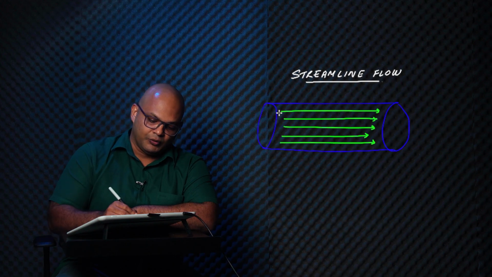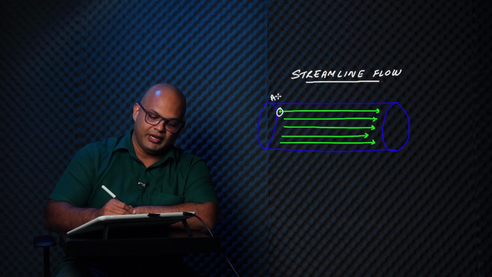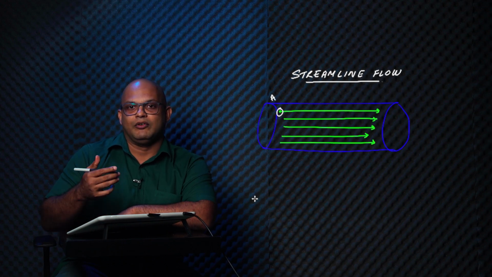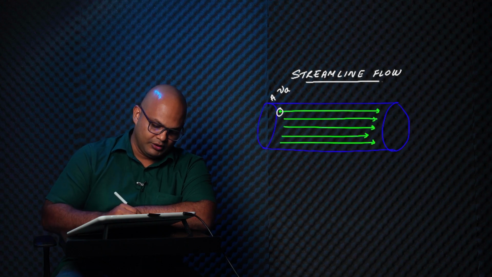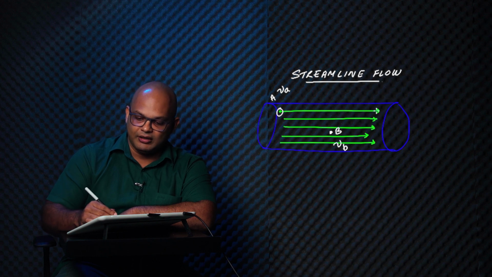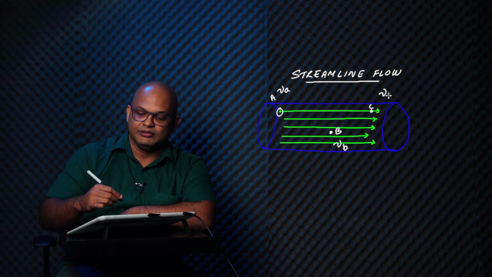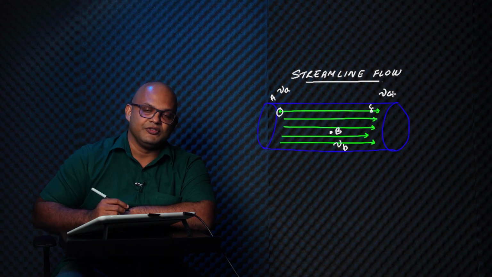So the water molecules at this location, let's call this location A, have some velocity, let's call it VA. And the water molecules at this location, let's call this B, have some velocity VB. And here is another location C, with velocity VC.